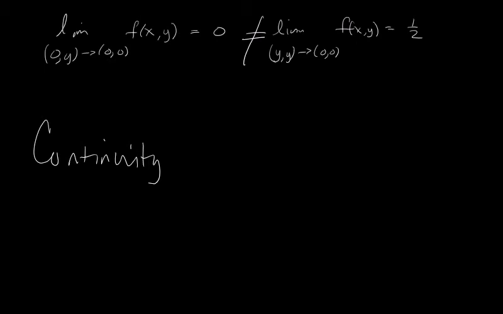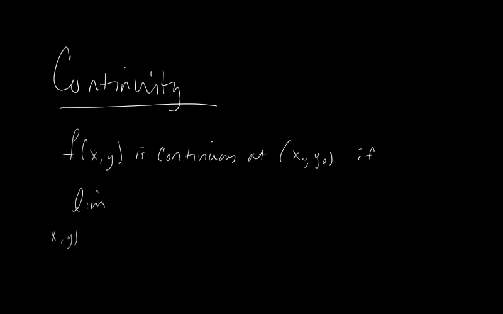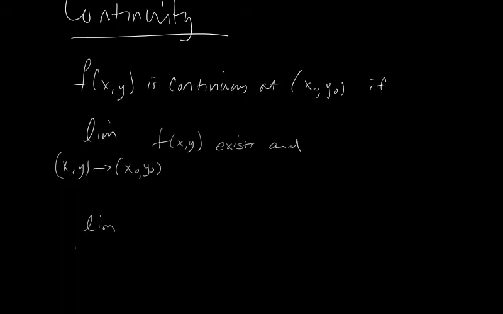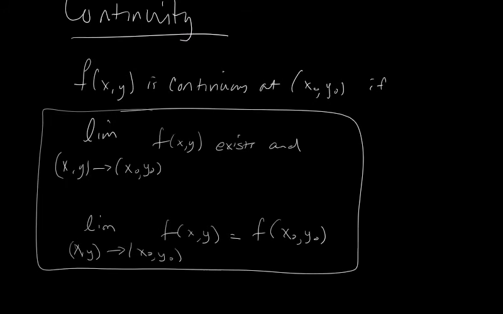So I'll write down that definition. f of x y is continuous at x naught, y naught if the limit as (x,y) goes to (x naught, y naught) of f of x y exists, and that limit is equal to the function value at that point.